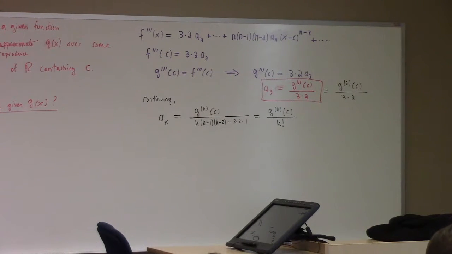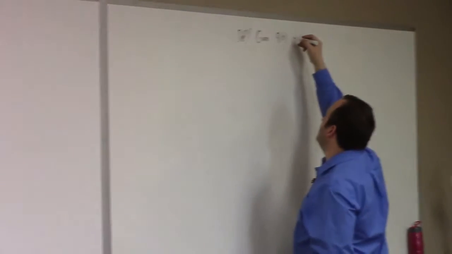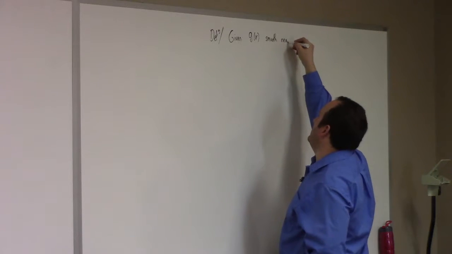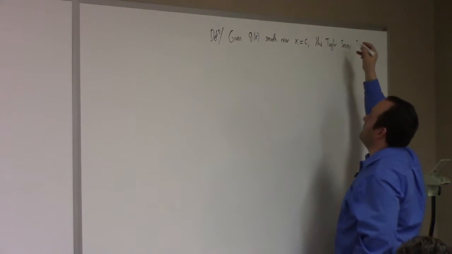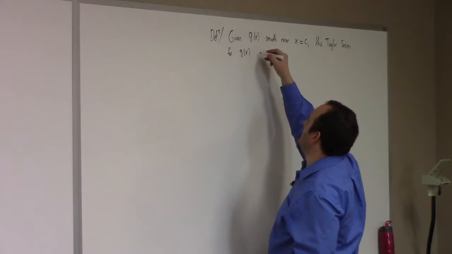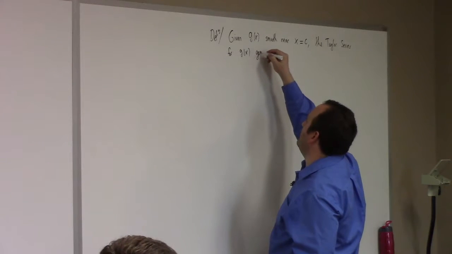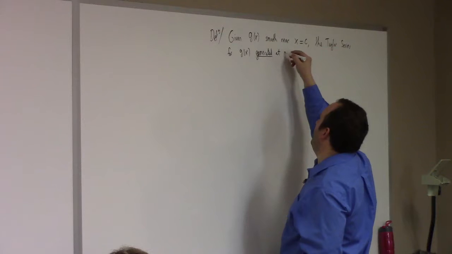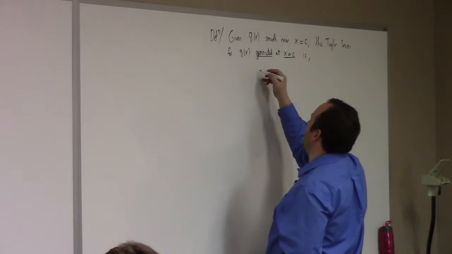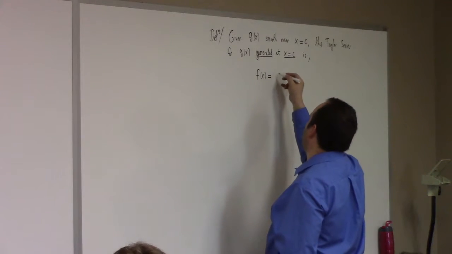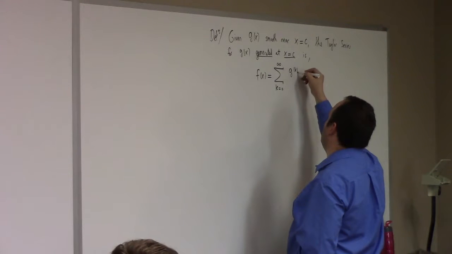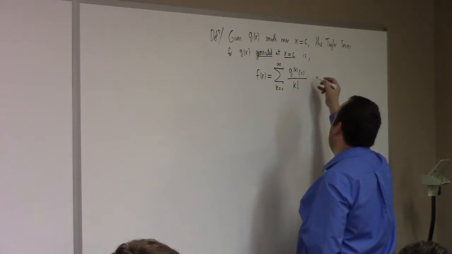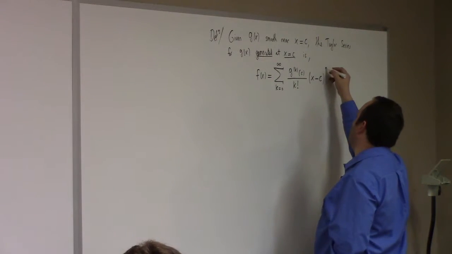So here's a definition. Given g of x, smooth near x equals c, the Taylor series for g of x generated at c is f of x equals the sum from k equals 0 to infinity of the kth derivative of g, evaluated at c, divided by k factorial, times x minus c to the k full power.